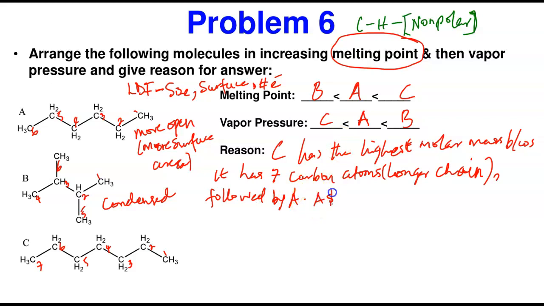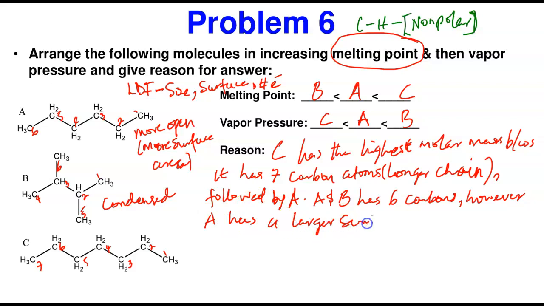Now A and B has 6 carbons, of course. Remember that? Both of them have 6 carbons. However, A has a larger surface area because it's more open.